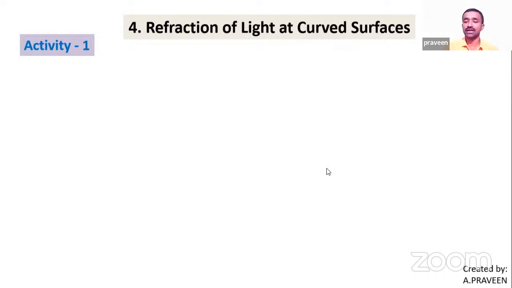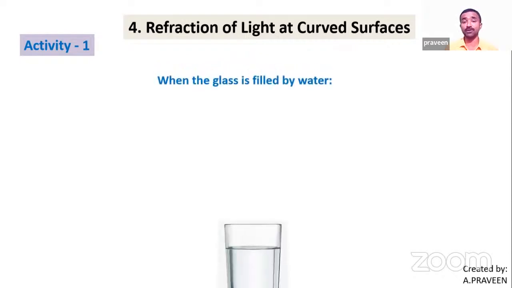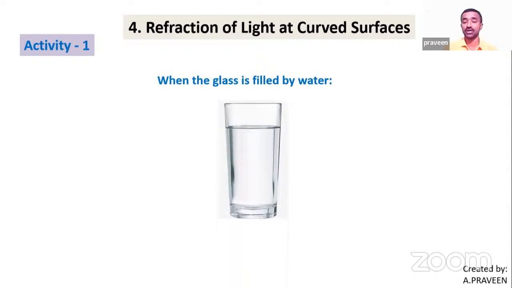Now the glass is going to be filled with water. So when the glass is filled with water, what happens? Now you are taking the same glass with the water, using the same arrow facing upward, same size, and observing that from the other side of the glass, same position.